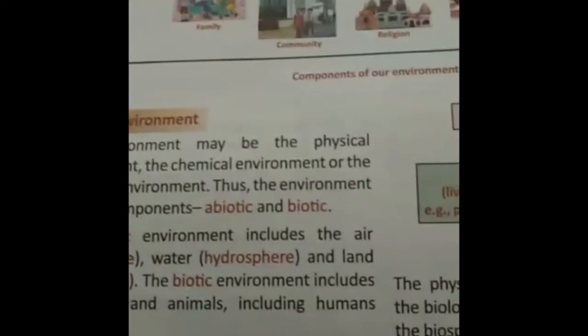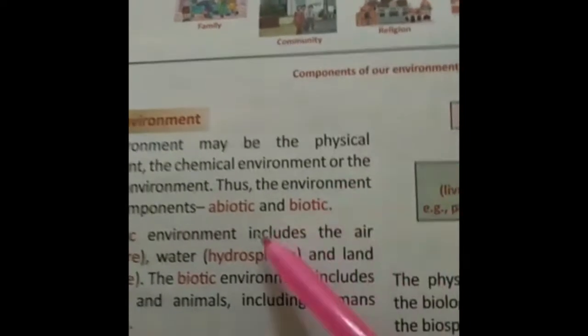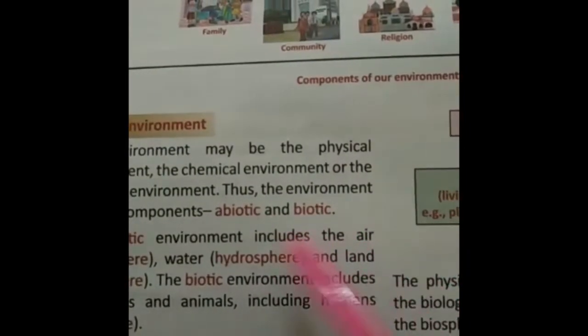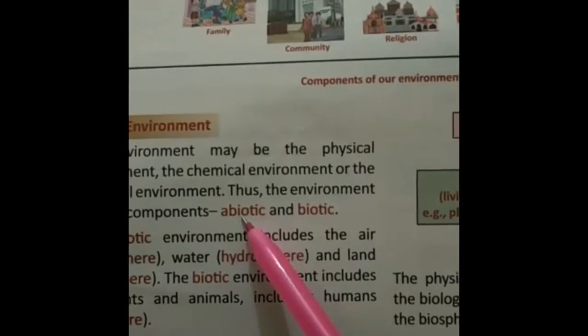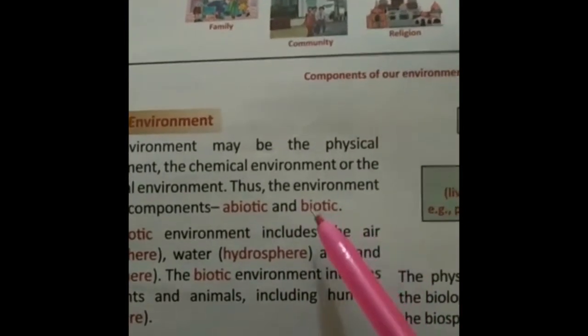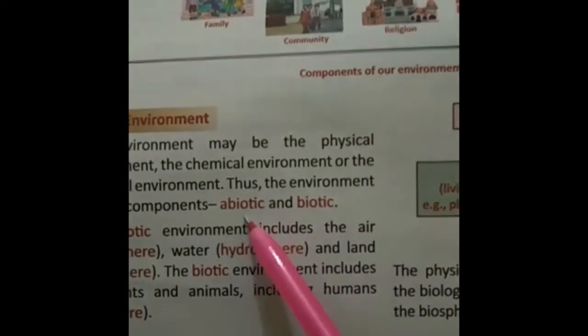Now, before we proceed any further, our environment can be divided into two parts: biotic and abiotic. Environment is of two components, biotic and abiotic.